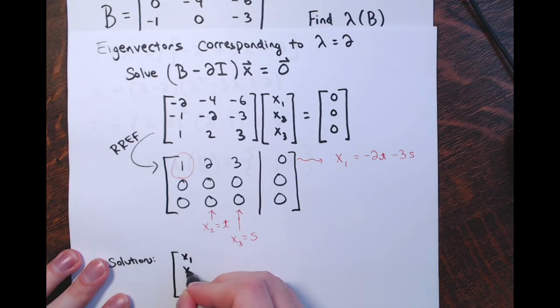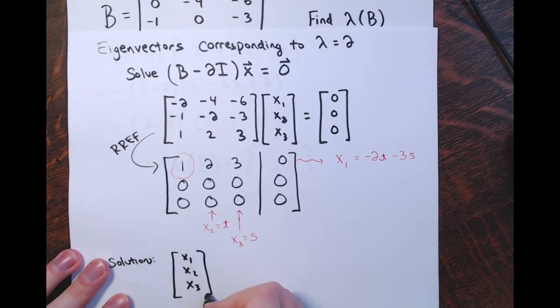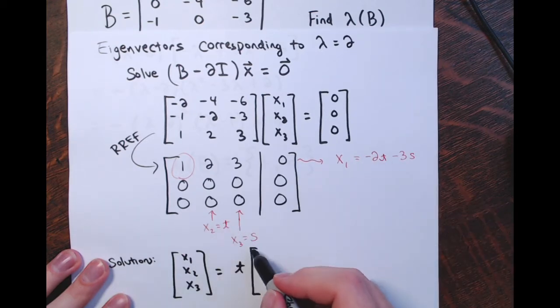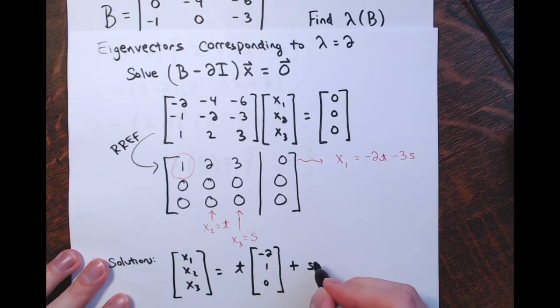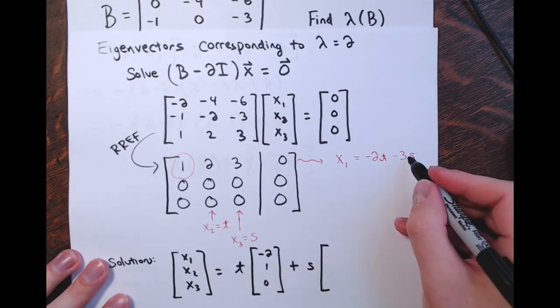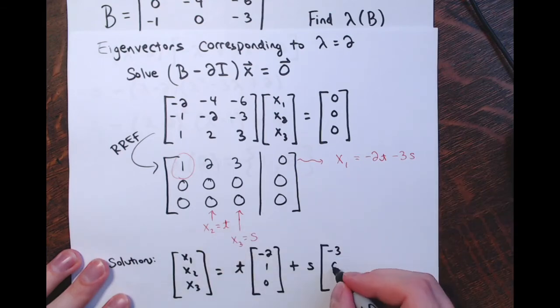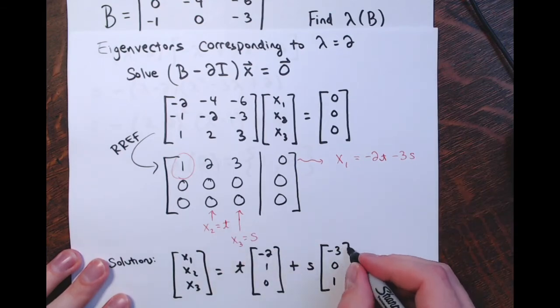So our solutions x1, x2, x3 could be t times, and then all the coefficients of t down here, negative 2, 1, and 0, plus s times the coefficients of s going down, negative 3 in x1, 0 in x2, and then 1 in x3.